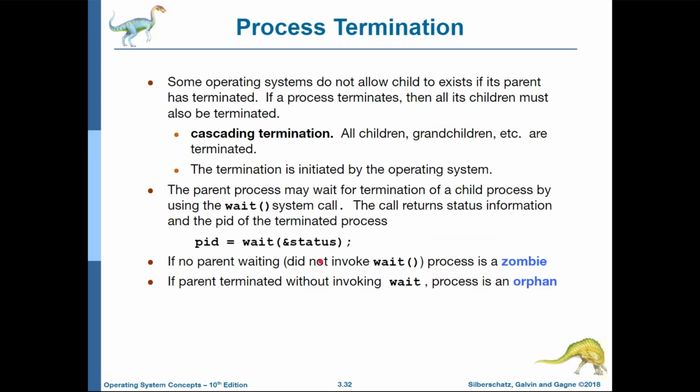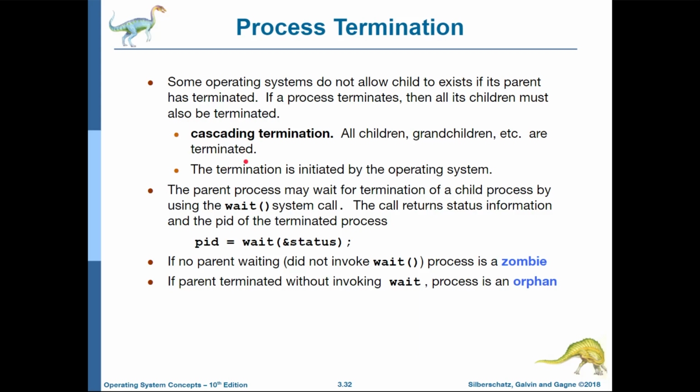So, some operating systems do not allow child processes to exist if its parent has been terminated. If a process terminates, then all its children must be terminated as well. We call this a cascading termination. This is not how it happens under a Linux system.